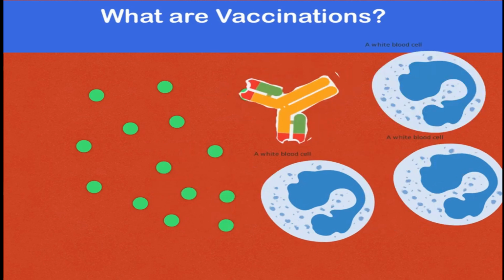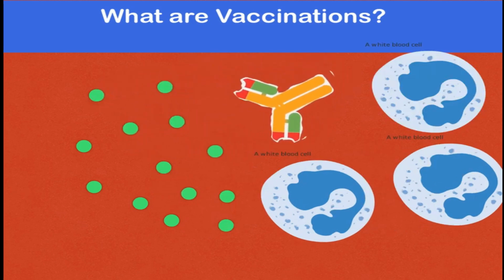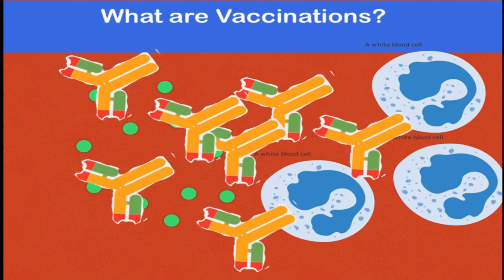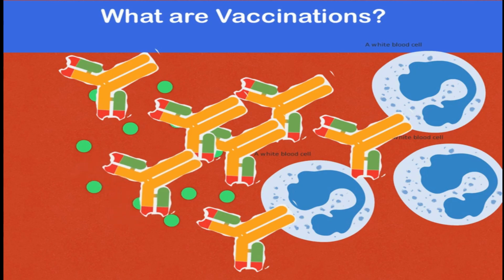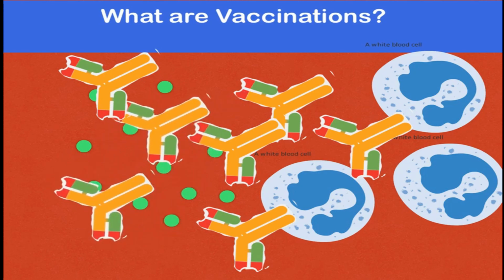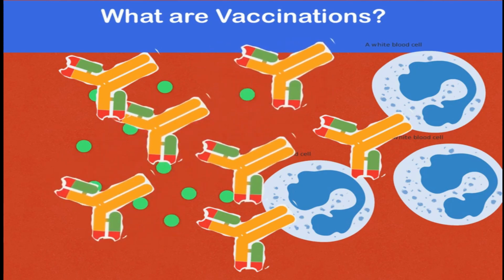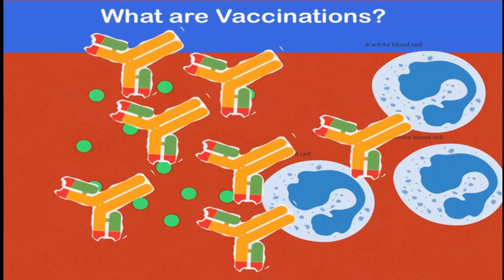Now these antibodies will remain in your bloodstream, and actually you produce what we call memory cells that remember to produce certain types of antibodies when you get infected. So now your cells know which antibody to produce at any one time. So this means that you have immunity.